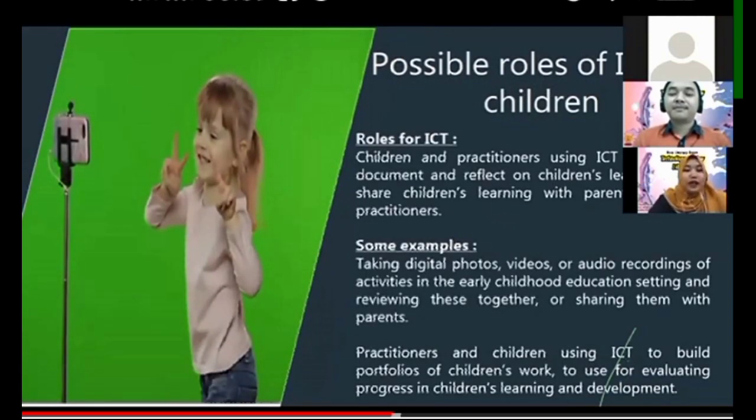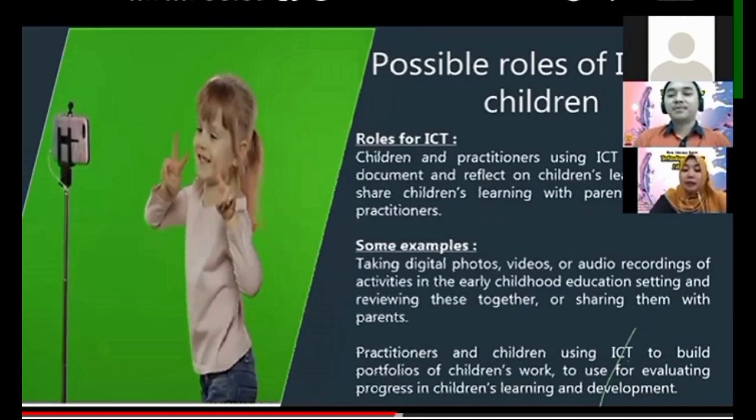The second one. You see, there is a little girl with a camera, a handphone, doing something like vlogging. So here, children and practitioners use ICT together to document and reflect on children's learning or to share children's learning with parents or other practitioners.